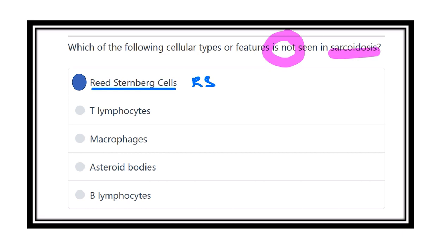The other options, such as T lymphocyte, macrophage, and B lymphocyte, are present in all types of chronic granulomatous inflammatory lesions. In any chronic lesion, look for lymphocytes and monocytes. And the asteroid body is specific for sarcoidosis. So which is not found in sarcoidosis? It is the RS cell or Reed-Sternberg cell.